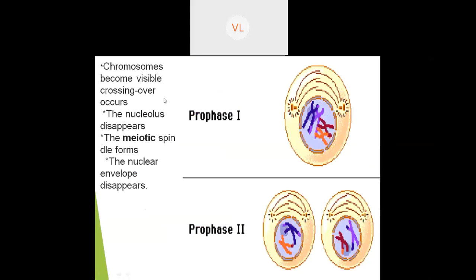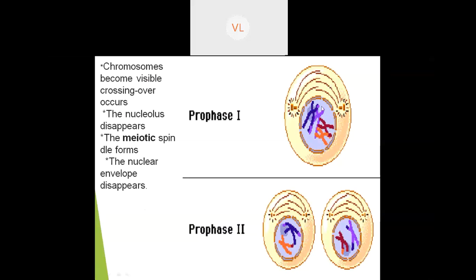This is prophase 1. In prophase 1, the chromosomes will become visible, and crossing over also occurs. Crossing over means this one.